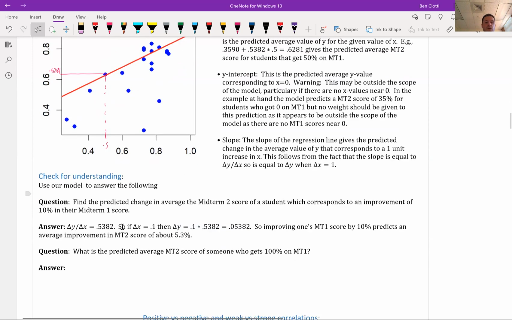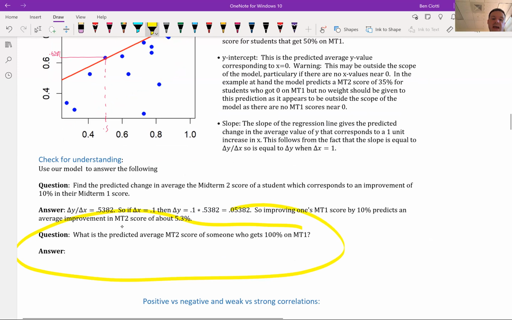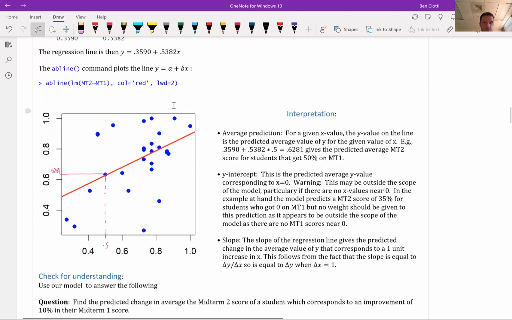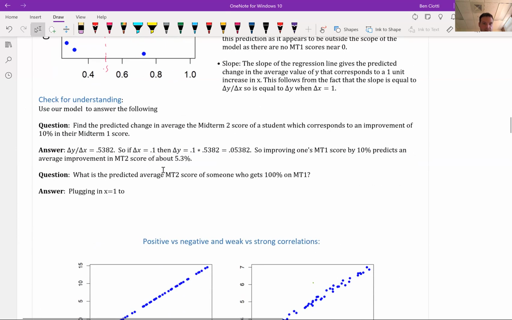Here, why don't you tell me what the predicted average midterm 2 score of someone who got 100 on midterm 1 is? Your answer should be what you get if you plug in x equal to 1 to this.